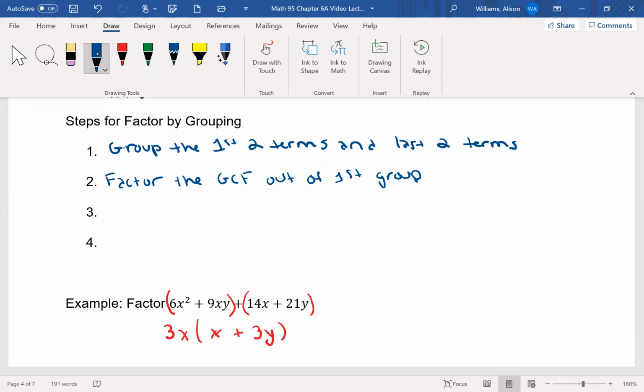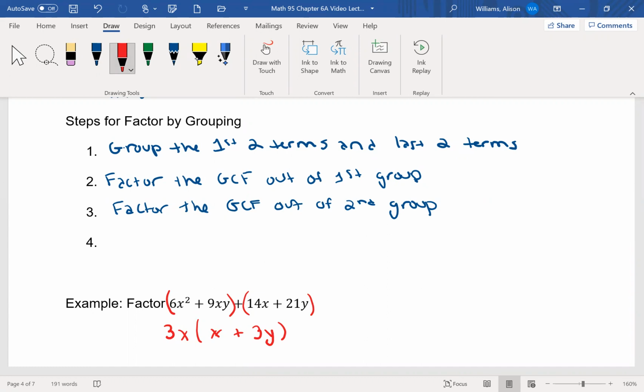I'm going to do the same thing for the second group. That's the third step: factor the GCF out of the second group. In the second group, I could factor out 7.